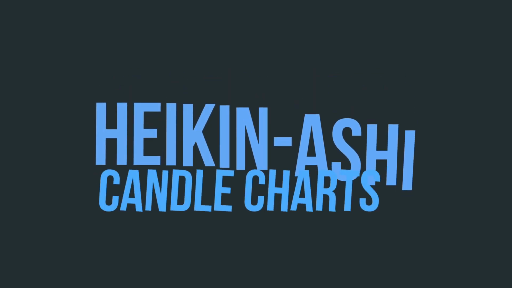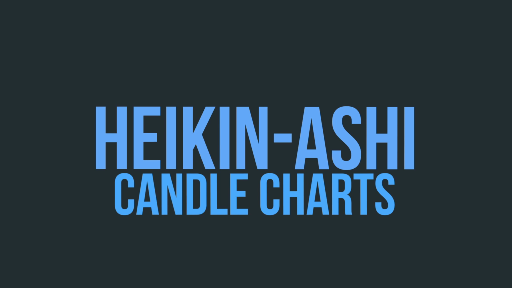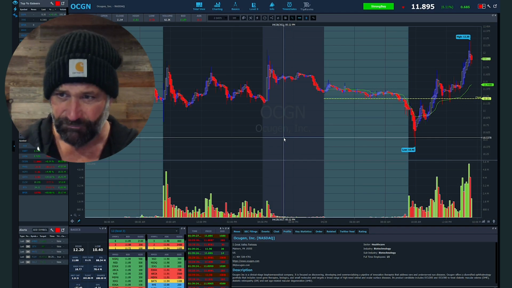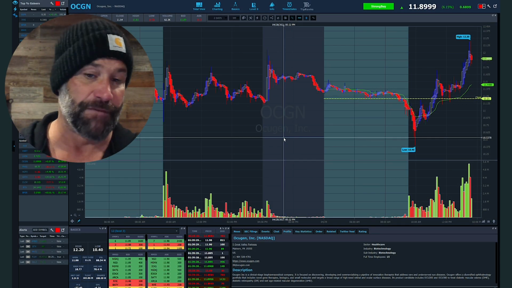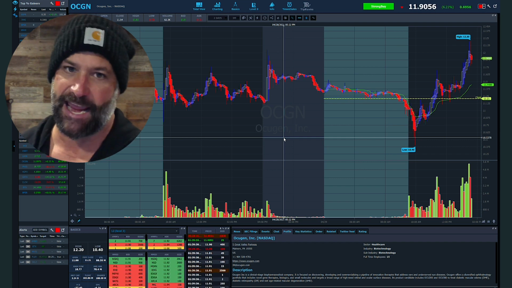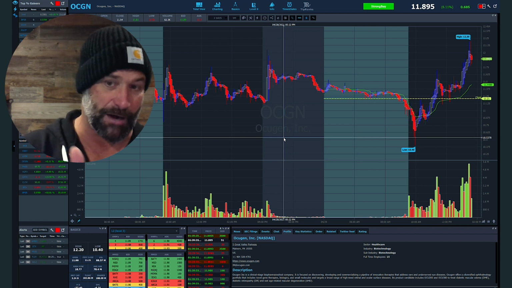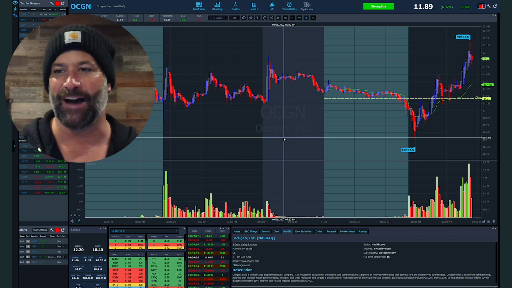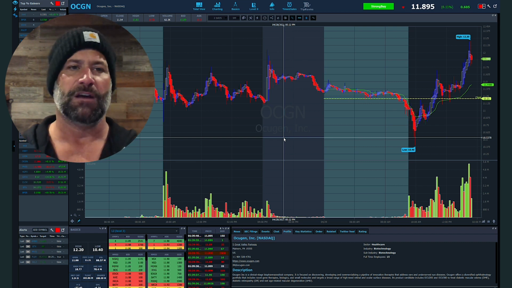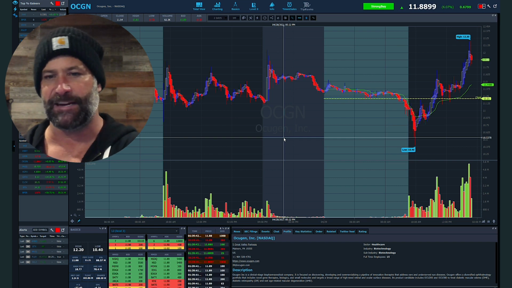So next I'm going to talk about Heikin-Ashi candles, which is built into StocksToTrade. These are very similar to Japanese candlesticks, which is my favorite, and that's what I'm going to finish on because that's what I want you using. But just kind of a different visual. Heikin-Ashi candles are a lot like Japanese candlesticks.